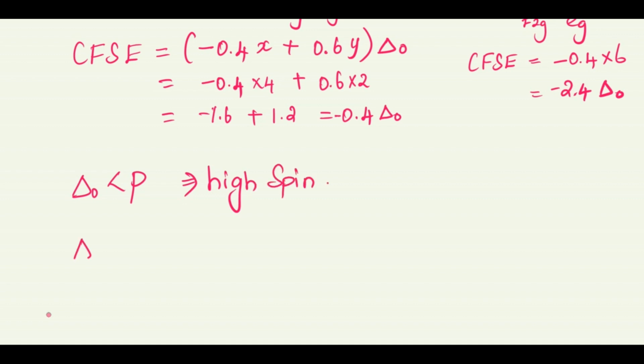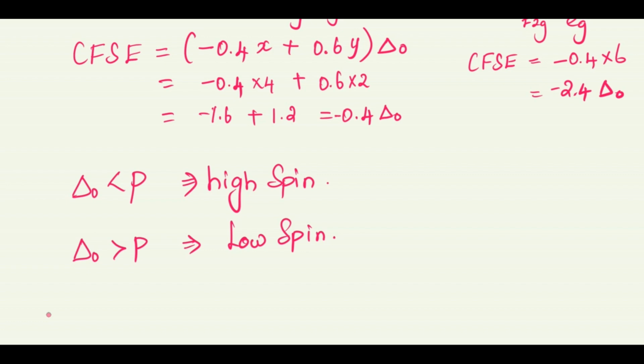And if that is opposite, then it forms low spin complexes. Strong field ligand, it will get paired up. In that way also you can answer these questions.